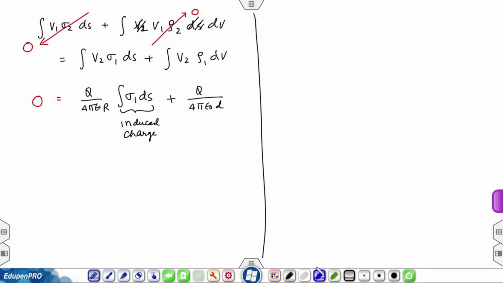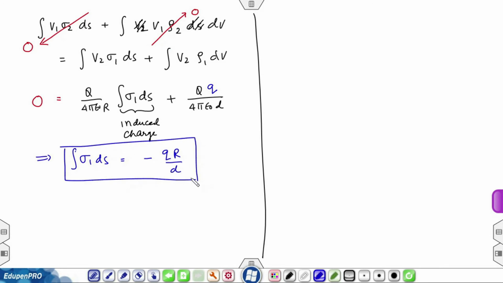This immediately leads to integration sigma1 ds is equal to, or there is a q also here, sigma1 ds equals minus q r over d, which indeed was the induced charge, is the total. So, you see, through creating two situations, I could find what the induced charge is.